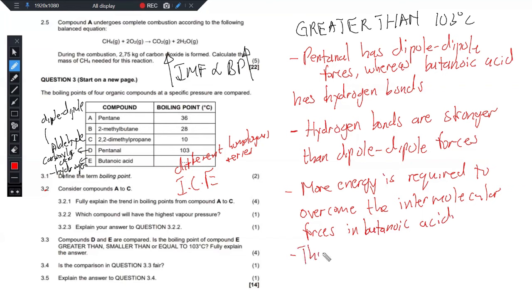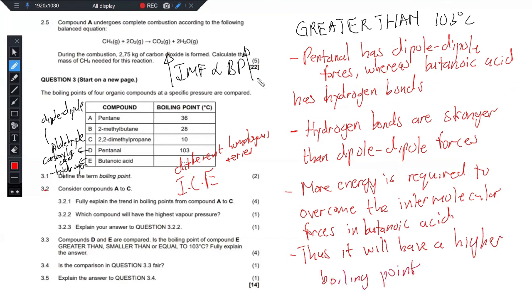Thus it will have a higher boiling point. Now, so 4 marks, right?